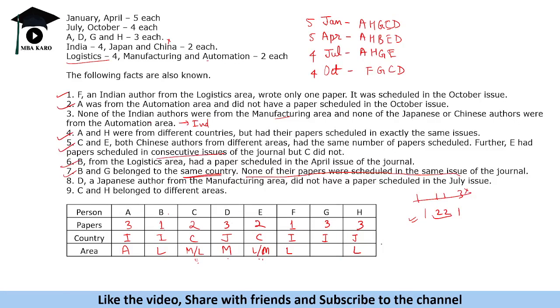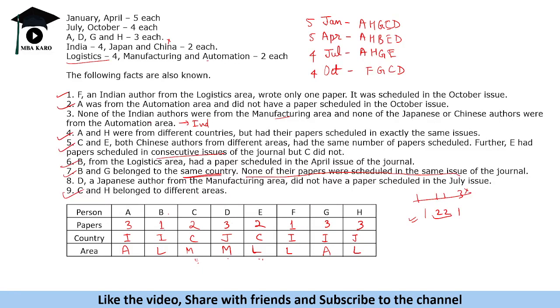If H is in logistics, C and H belong to a different area, so C will be from manufacturing because E cannot be in logistics. If C is in manufacturing, then E has to be in logistics. So we have two manufacturing done, four logistics done. So this person is from automation. G is from automation. So this is how we will fill this complete table.